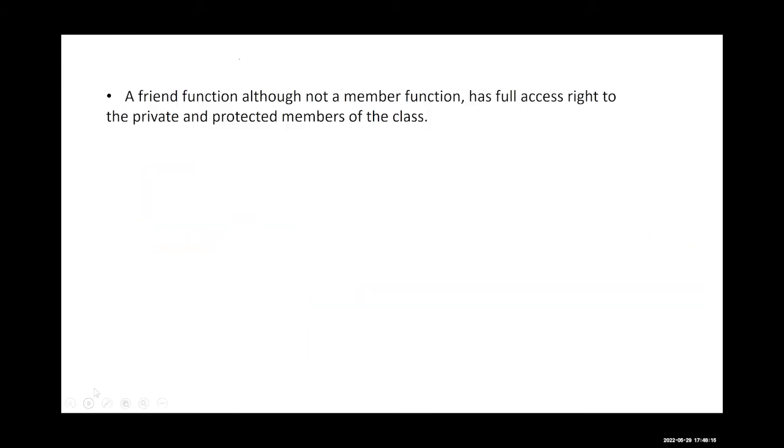Now a friend function, although not a member function, has full access rights to the private and protected members of the class. We discussed this in the beginning itself when we were learning the features of a friend function. Regular non-member functions which are not friends can access only the public data.